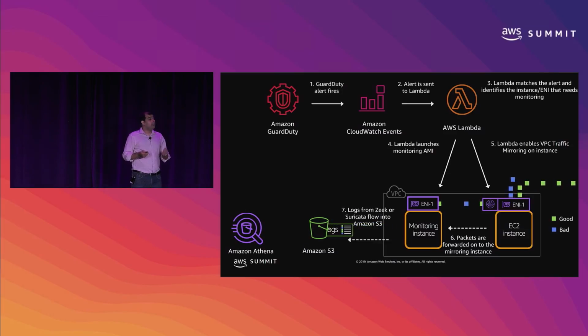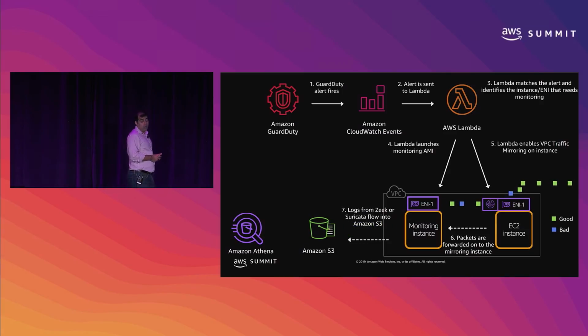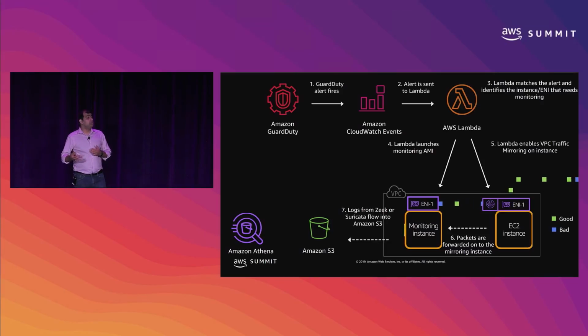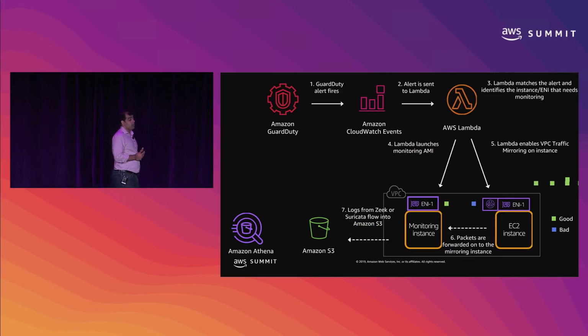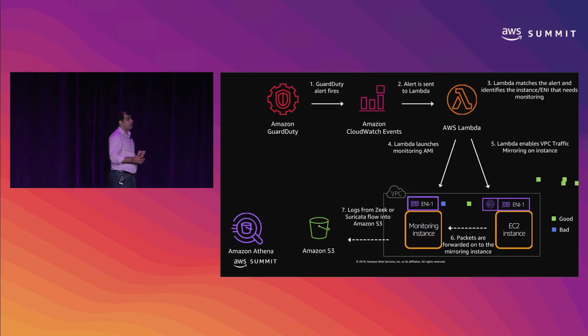Whether to install a new security group, whether to terminate this workload, or do whatever you want to remediate it. We have customers who are already trying to use this entire workflow. And over a period of time, we'll try to post this workflow on a GitHub repository so that you can just use it in your environment.